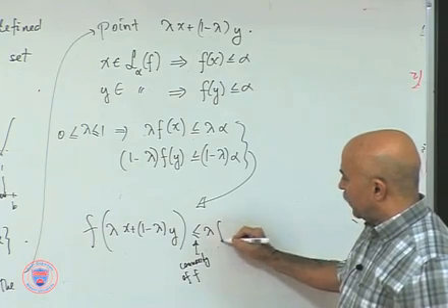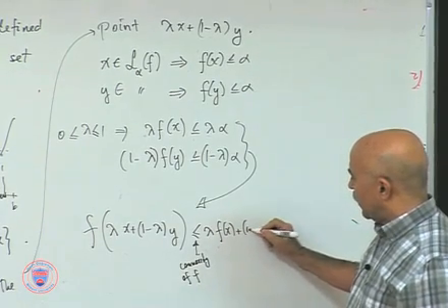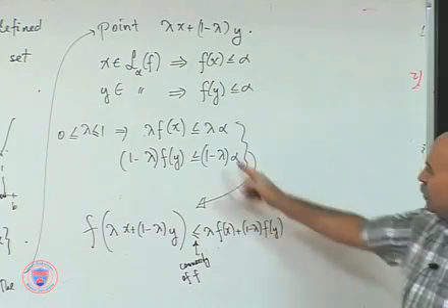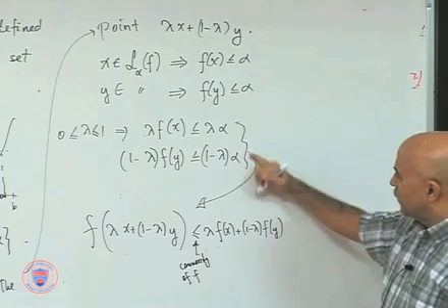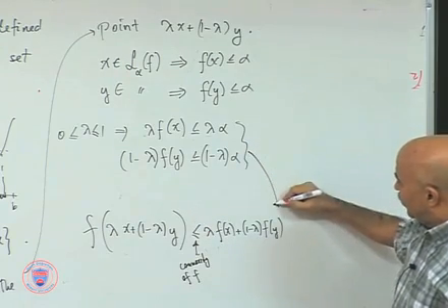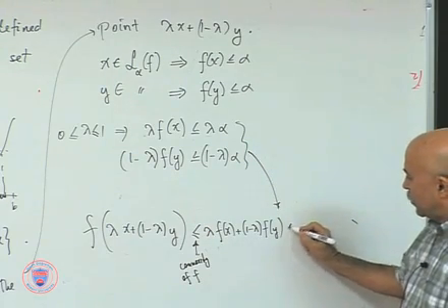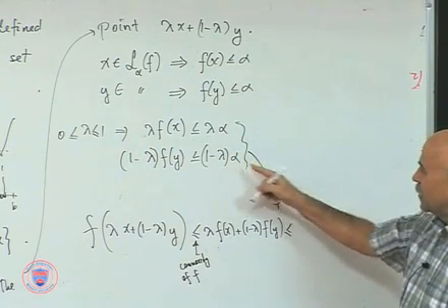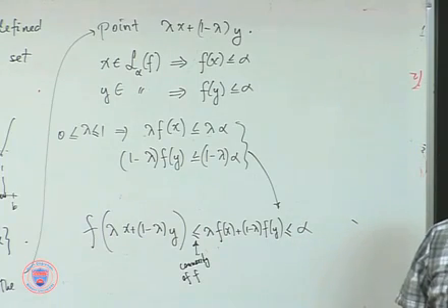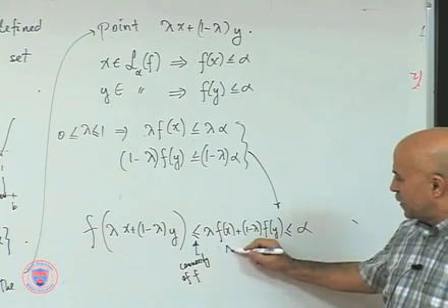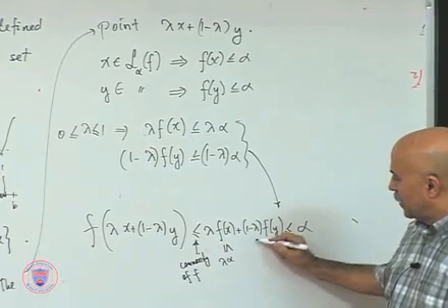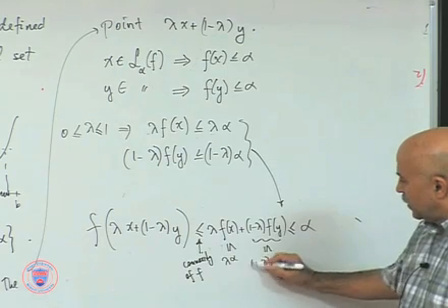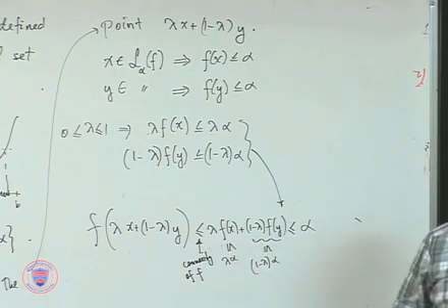It's less than or equal to lambda f of x plus 1 minus lambda f of y. That's from the convexity, which of course implies it is less than or equal to the sum of lambda alpha plus 1 minus lambda alpha, which is alpha. Because this guy is less than or equal to lambda alpha, and this guy is less than or equal to 1 minus lambda alpha. So you just add them up, and that's it.